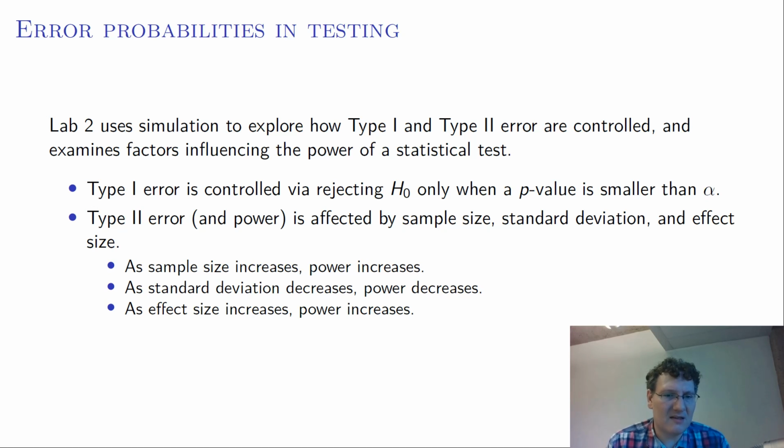And as the effect size increases, the power increases. So a test is going to be better at detecting large differences than small differences, right? And if your populations have less deviation, then it's going to be easier to detect. If there's a lot of noise, it's going to be hard to detect those differences. There's a typo on the slide, but I'll try to correct it when I make the slide or the video.